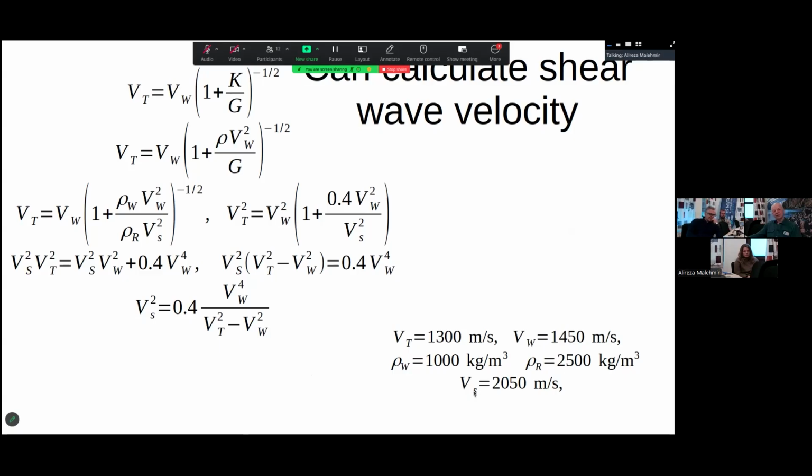And that gives us a shear wave velocity of 2,050 meters per second, which I think is fairly realistic given that the rock is fractured, and we have P wave velocities on the order of 4,000 or 5,000 meters per second. So that seems to be quite okay, the tube wave velocity that we're measuring.